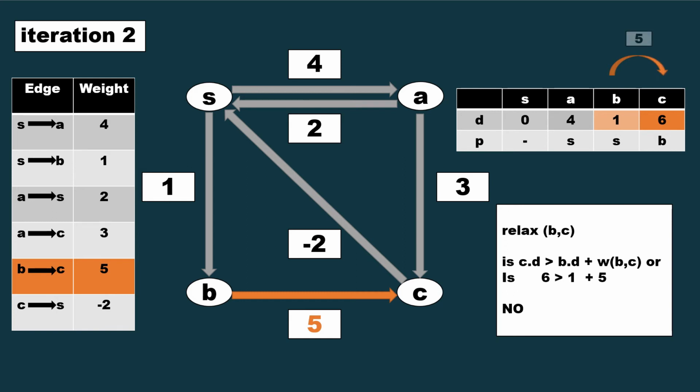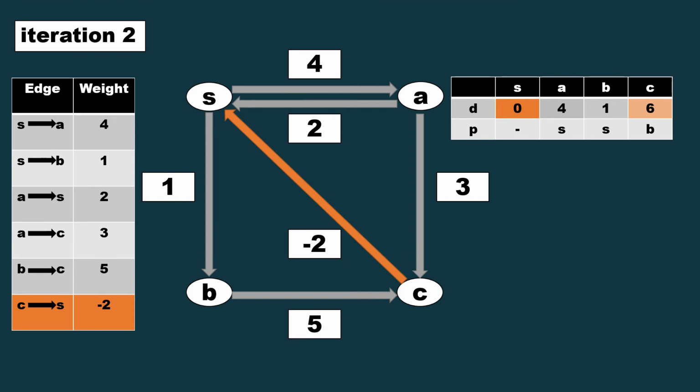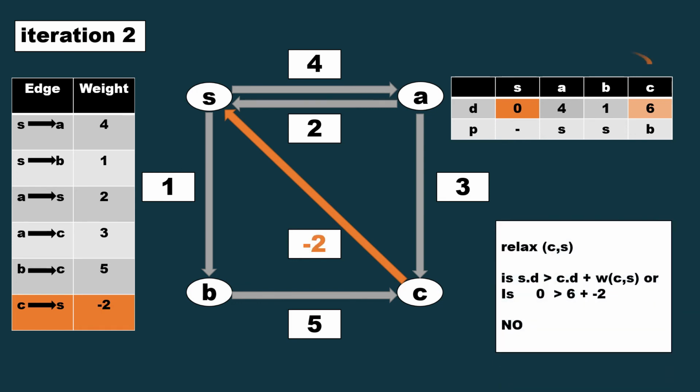No. We will not update because it is still equal. We're now in our last edge. Relax CS. Is 0 greater than 6 plus negative 2? No. 6 plus negative 2 is equal to 4, and 4 is greater than 0, so we will not update. We're done with our iteration 2.